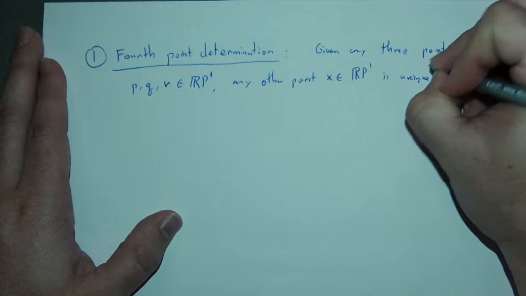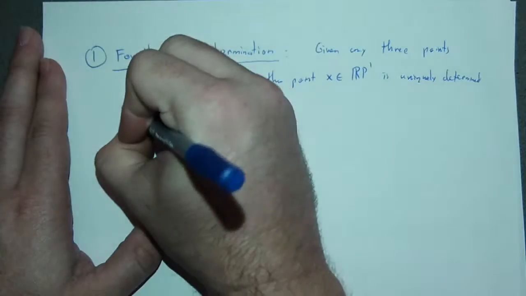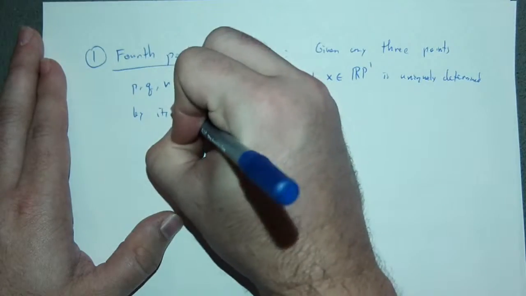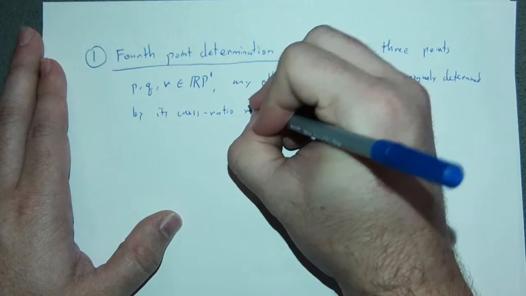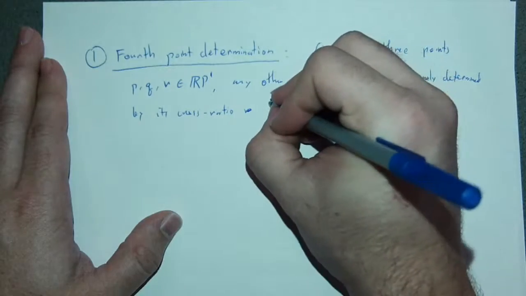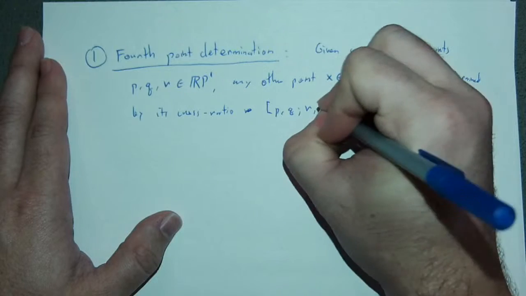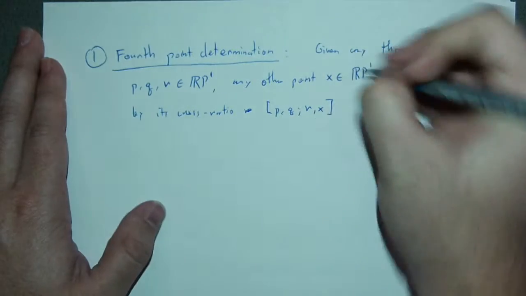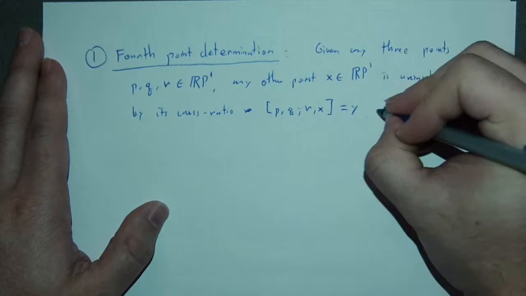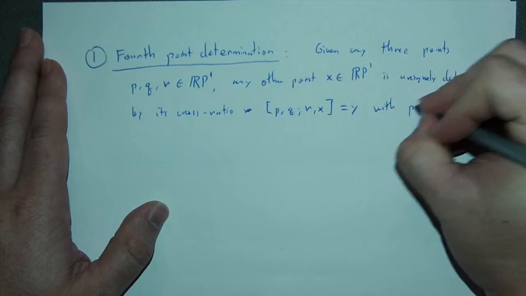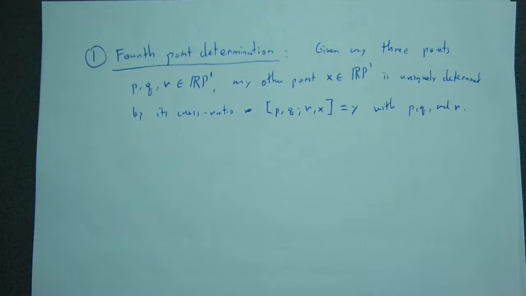So this is uniquely determined by its cross ratio. Well, I'll just write it out rather than saying it in words. P, Q, R, X, which we'll call Y, with P, Q, and R. Okay.